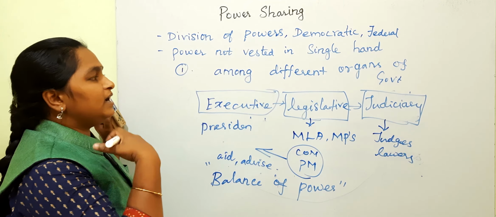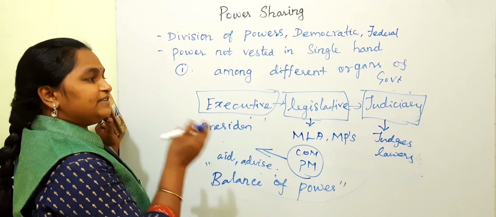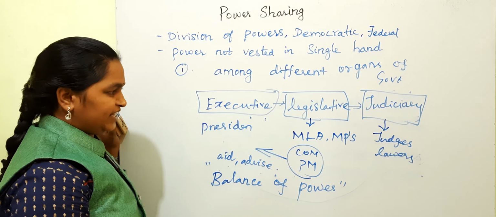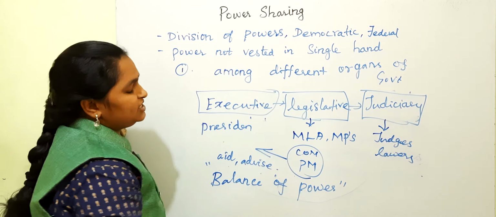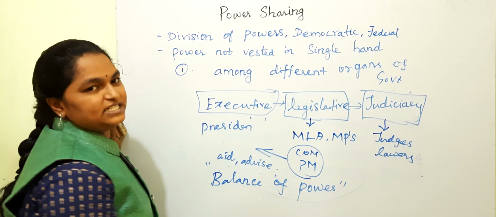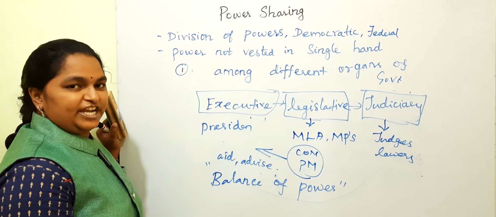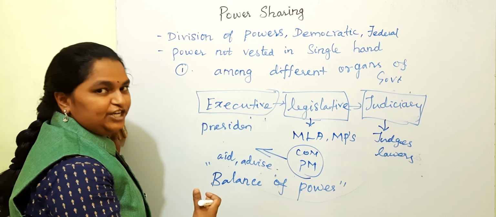How is the power shared among different organs of government? The three organs in our government are the executive, legislative and judiciary. Executives are the President, Prime Minister, etc. Legislatures are MLAs, MPs. Judiciaries are judges and lawyers. They have their own different powers and will do their duty.